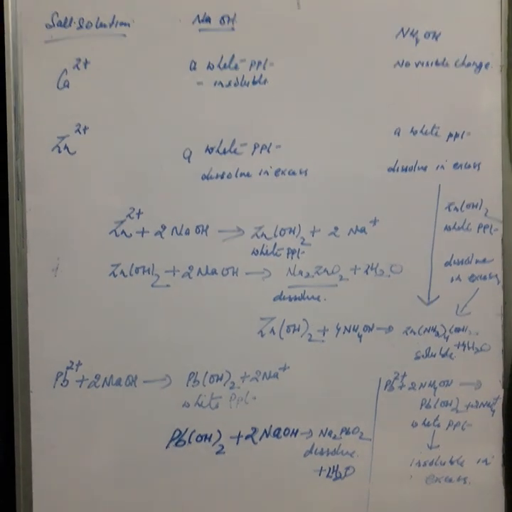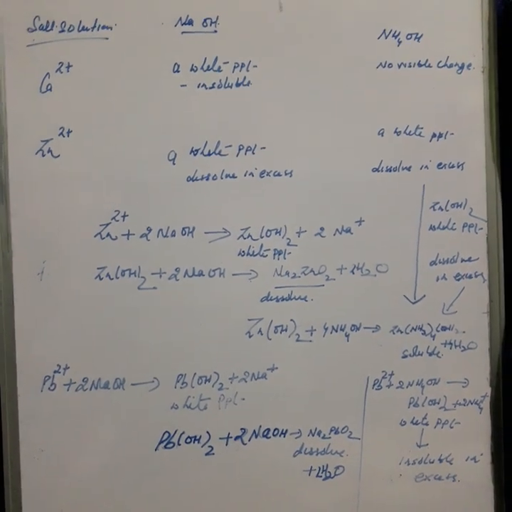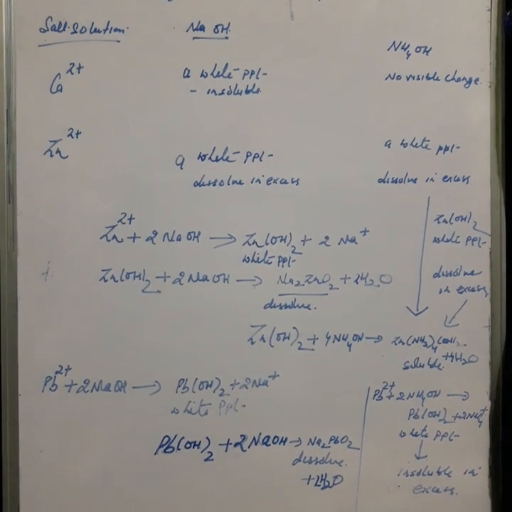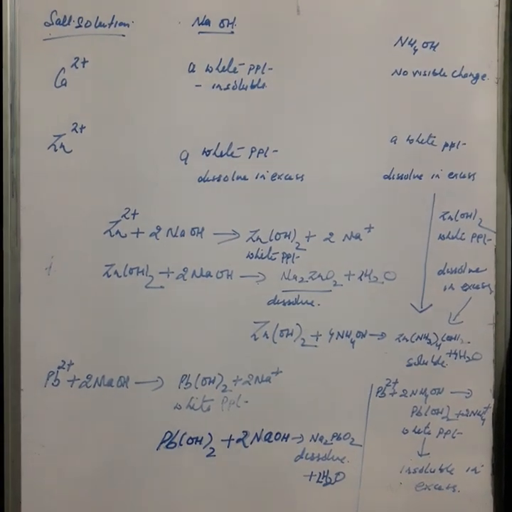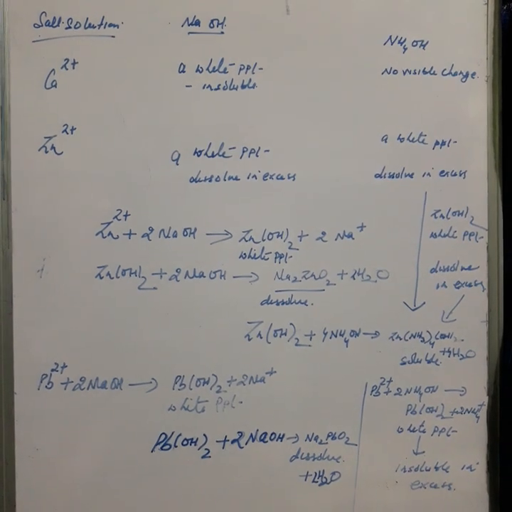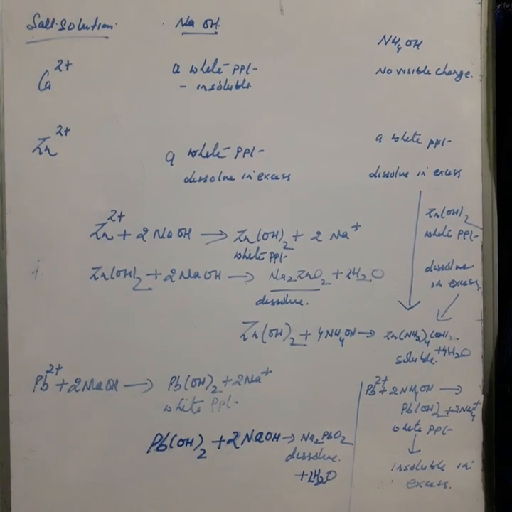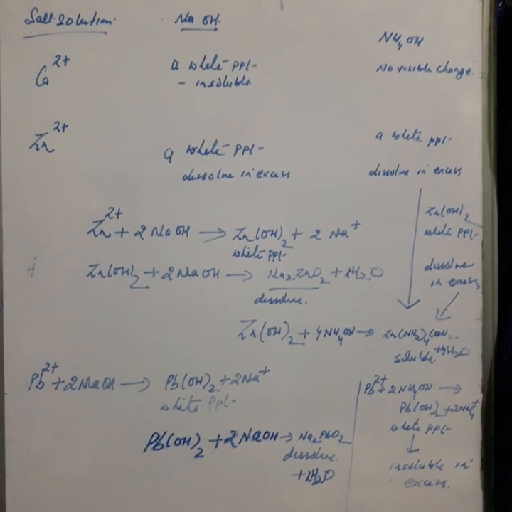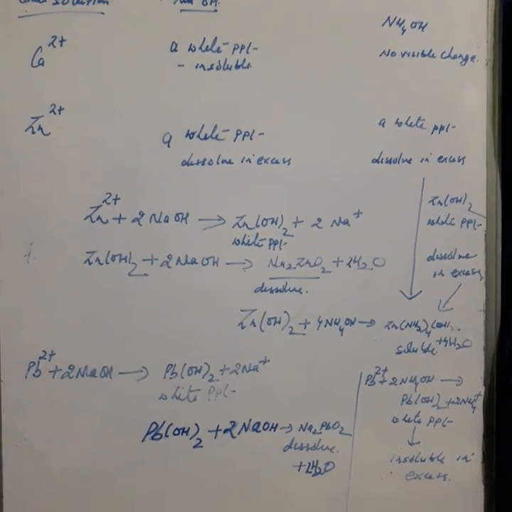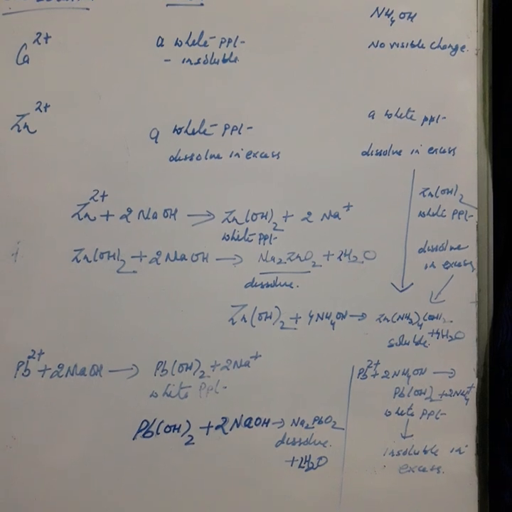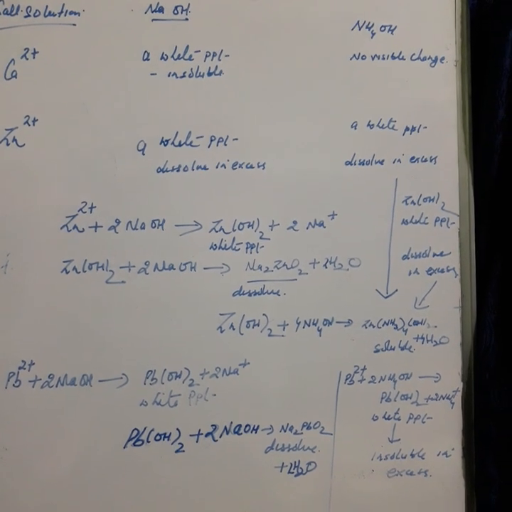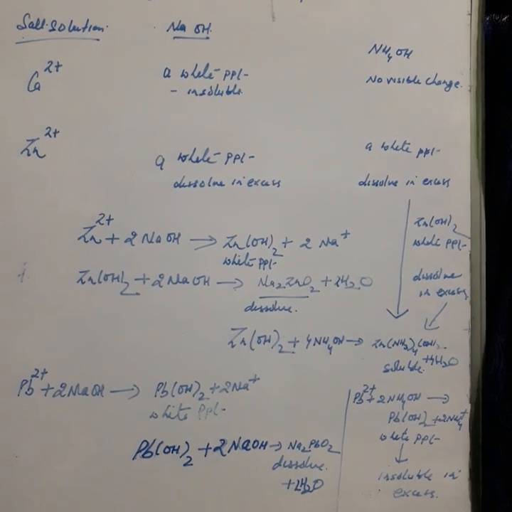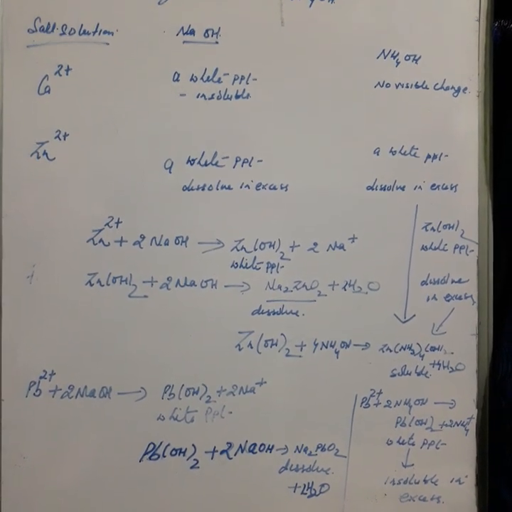Then how does it react with ammonium hydroxide? When ammonium hydroxide is added to zinc salt solution, here also a small amount will form a white precipitate of zinc hydroxide. Again, if we add excess ammonium hydroxide, zinc hydroxide will dissolve in ammonium hydroxide also, to give zinc tetraamine complex salt.